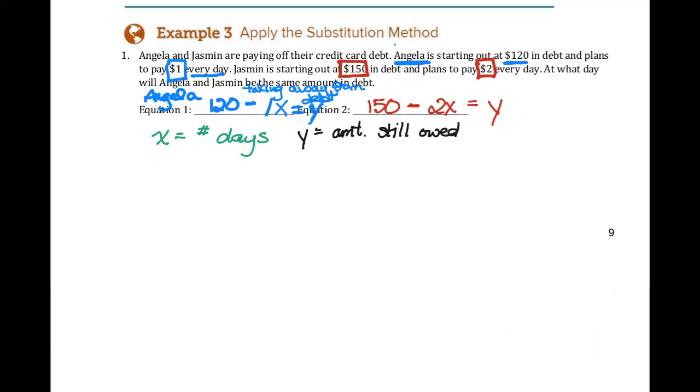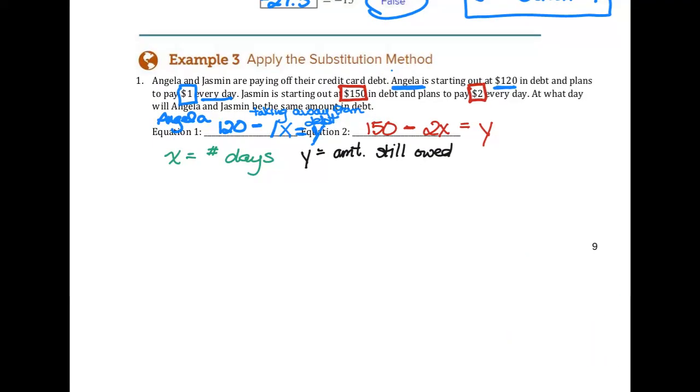Now, I have two equations. They are both in slope-intercept form. The slope here is negative 2x. That's your slope, negative 2. Actually, negative 2. The slope over here is negative 1. Your y-intercept is 150. Y-intercept over here is 120. So I have y equals, and I have y equals.